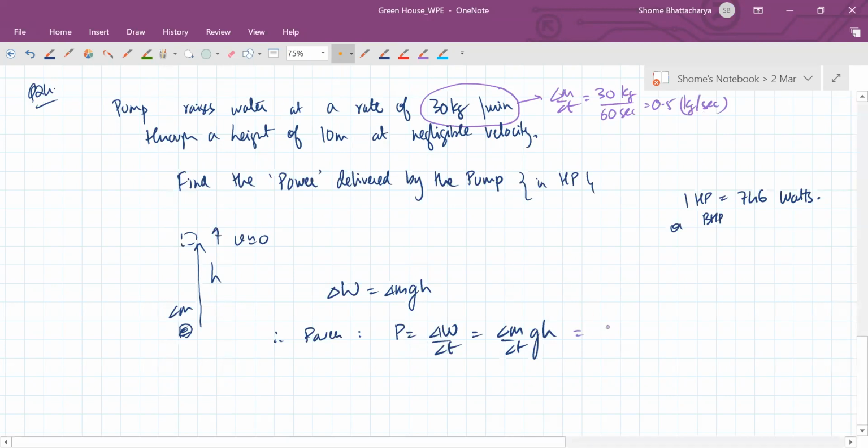So this will become 0.5 kg per second into 10 meters per second square into 10 meters. This is the height through which it's climbing. So this will give us the power in joules per second or watts.